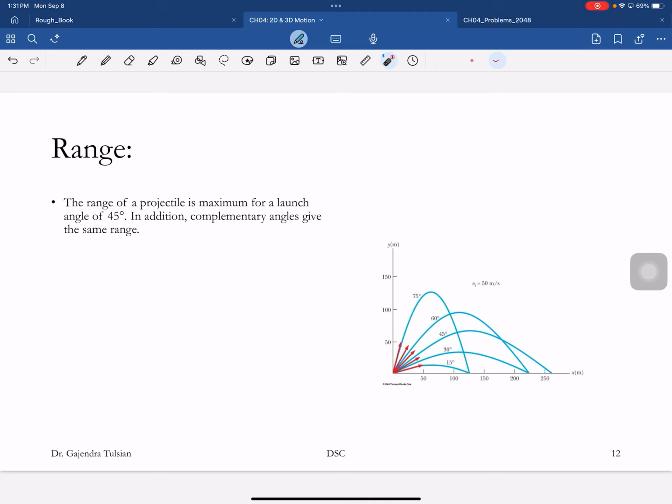Many of you may or may not know this. So here is the range, again for projectile motion with air resistance negligible. And look at this, notice this. The range is the same for 15 degrees and 75 degrees. It's the same for 30 degrees and 60 degrees.